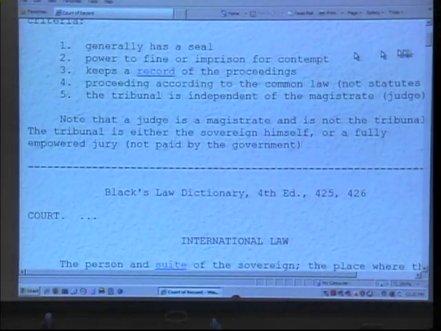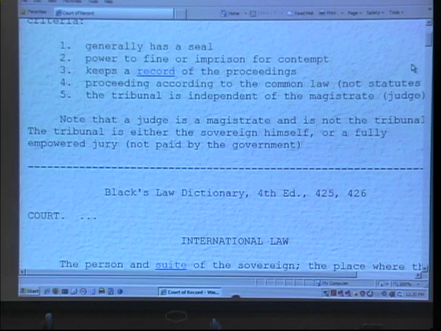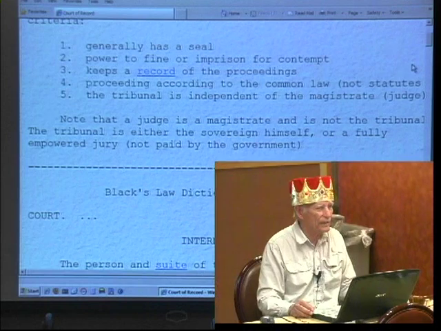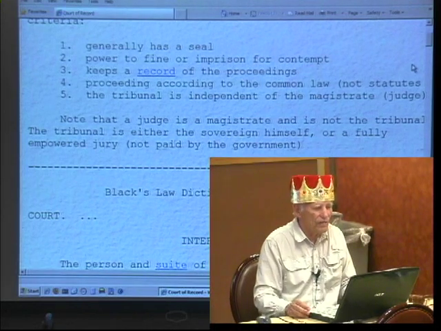The one labeled number 1 is optional. It generally has a seal. A seal is not a big deal for a court. It is a big deal in other things like real estate paperwork. But when you're talking about a court, it's optional.